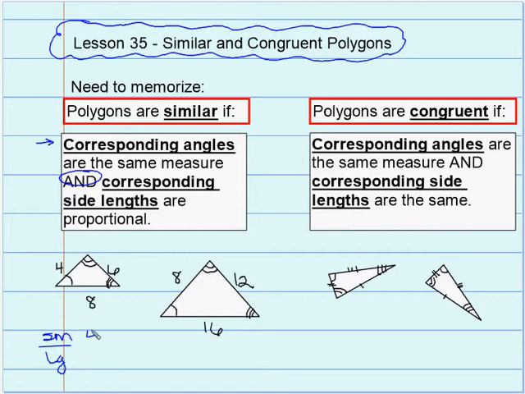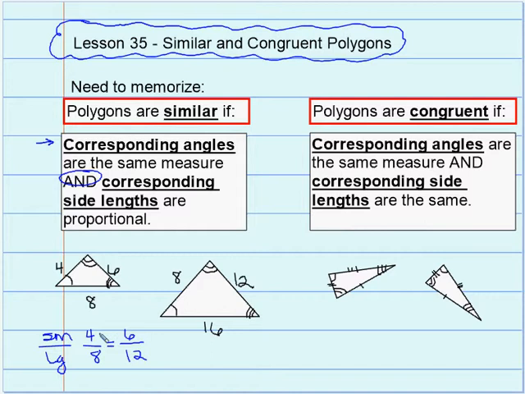So then we would take the side lengths that are corresponding and make a ratio, and then set another ratio equal to that to make a proportion. So the side between the 2 and the 3 is 6, and the side between the 2 and the 3 is 12. Are those proportional?